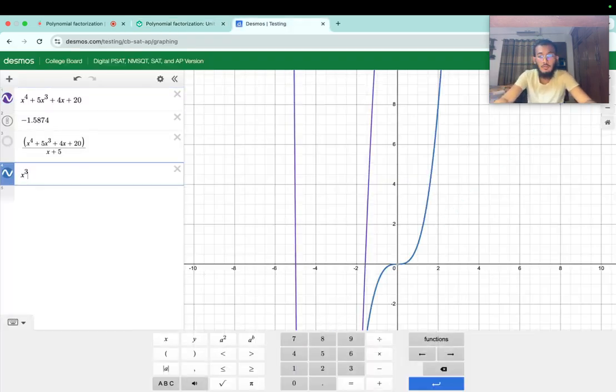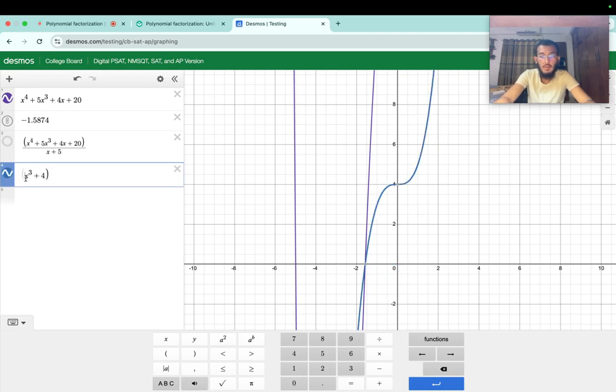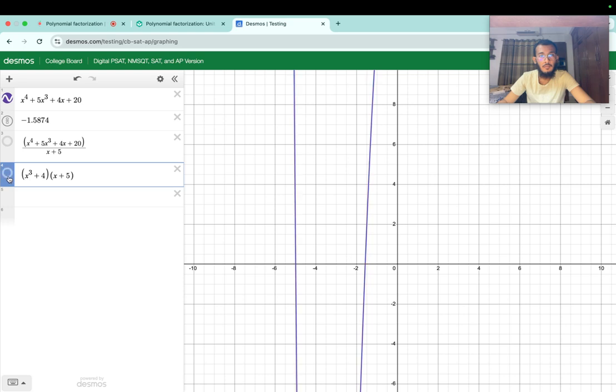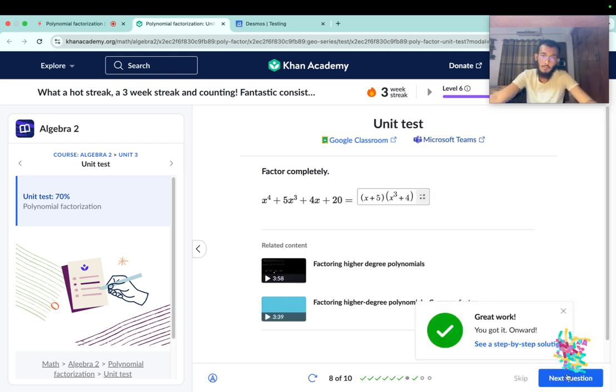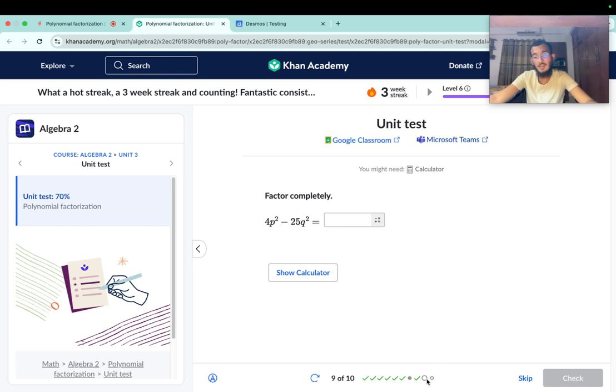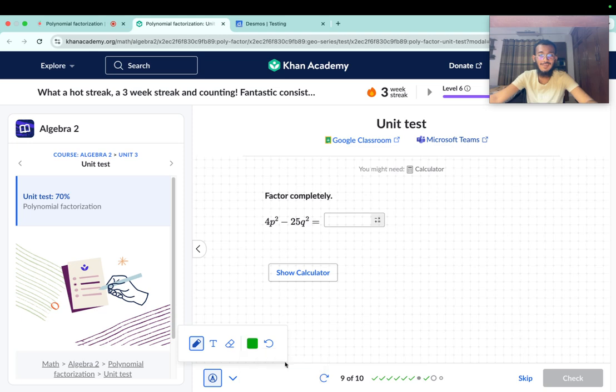This is multiplied by x plus 5, which should be the same thing as this. It is indeed. x plus 5 times x cubed plus 4. There we go. I needed not to do all of that.